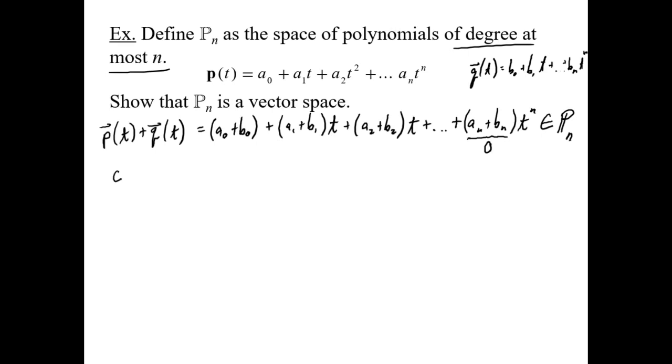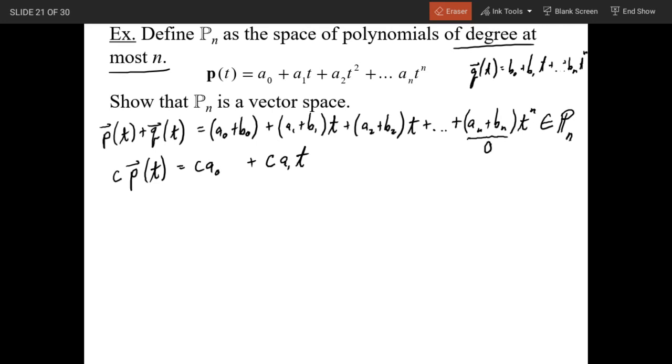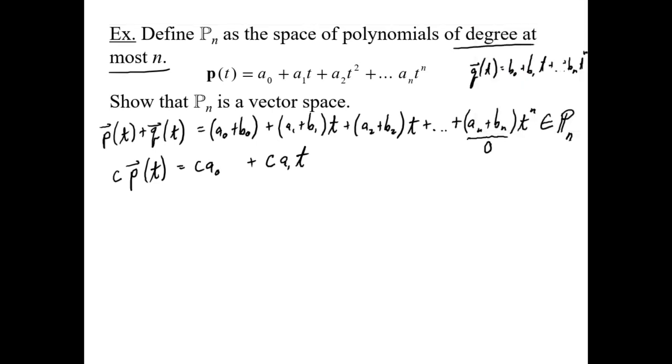Multiplying by a constant, I could do just c a naught, and then c a1 times t, plus c a2 times t squared, plus dot dot dot plus c an times t to the n.